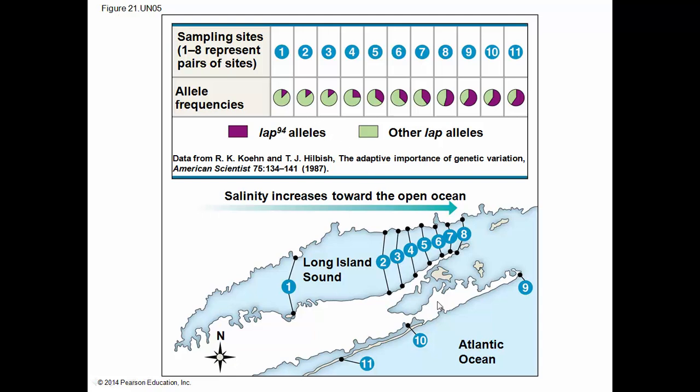As you can see, as the environments get more saline, from inside Long Island Sound, where it's brackish water, to ocean salinities, number 11, with increasing salinity that LAP94 allele is more prominent in the population.